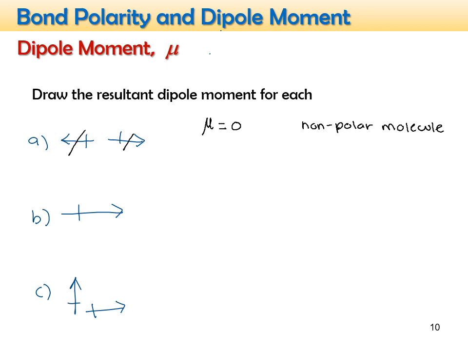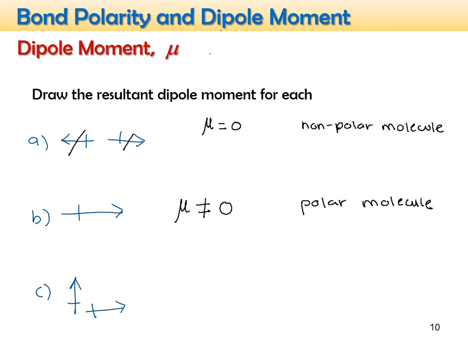So if you only have one dipole moment and it cannot cancel with anything, therefore mu kamu tu ada value lah. It is not equal to 0. Therefore, the molecule is a polar molecule. Okay, the last one. What if you have one dipole moment pointing upwards and one pointing the other way?